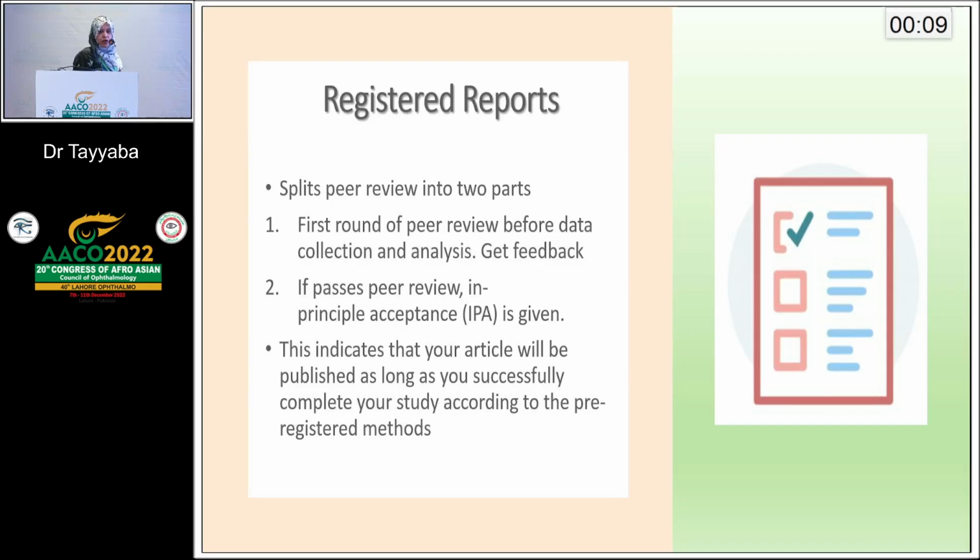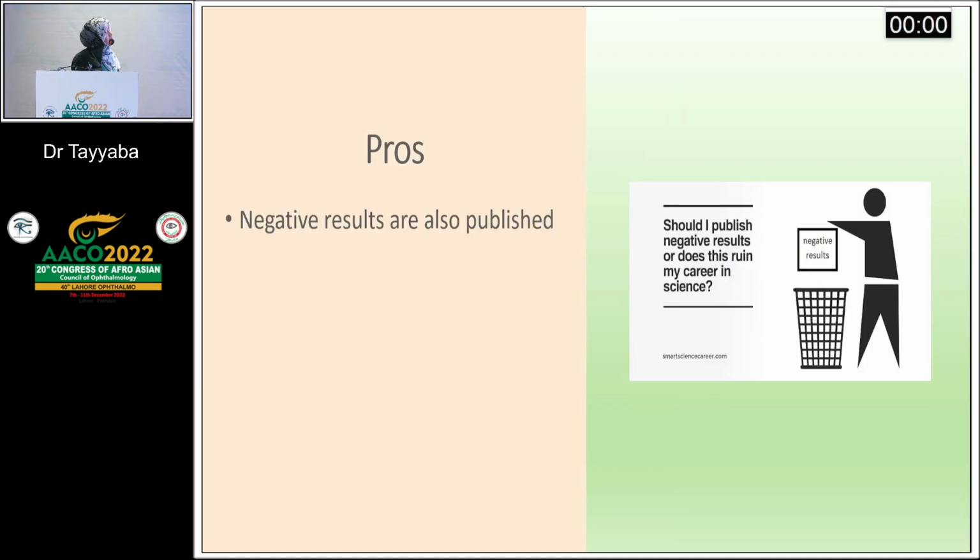He analyzes the data and then the article is again submitted to the same journal for publication. The advantages are that negative results are also published. The journal cannot say no in this case as they have seen the data before the analysis.